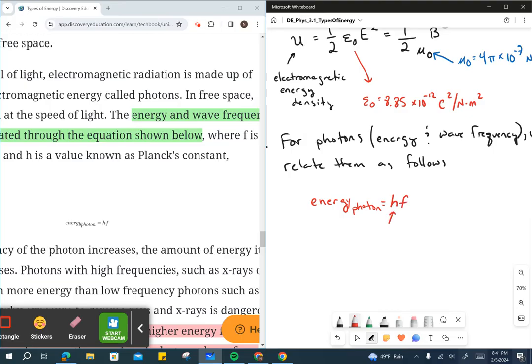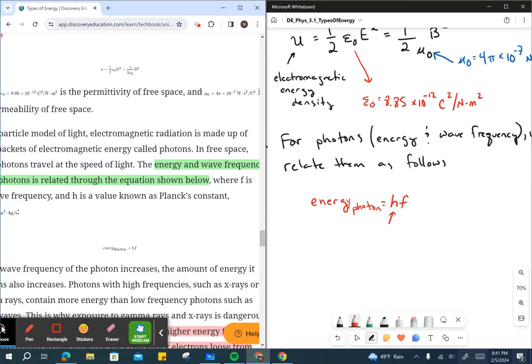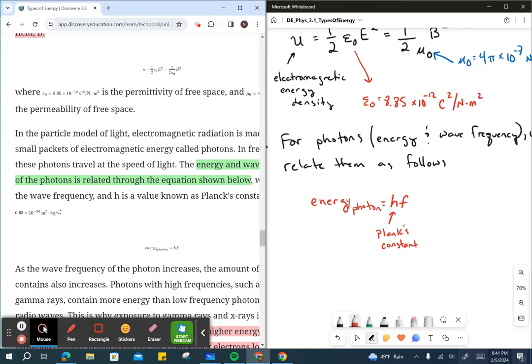Now, what is h and what is f? H is Max Planck's constant. You've heard of this before, and they tell us what that is. It is 6.63 times 10 to the negative 34 meters squared kilograms per second. And then the f is the frequency of light.